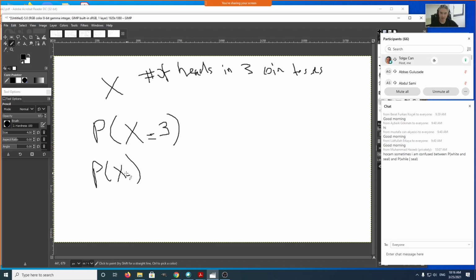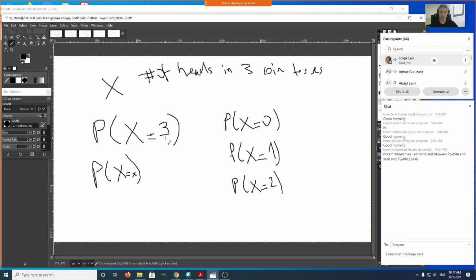But when you say the probability of it being equal to this particular value, this denotes an event. And this is, for example, another event. This is another event. And if these are all the values my random variable can take, 0, 1, 2, 3, as you can see, these are all mutually exclusive events.